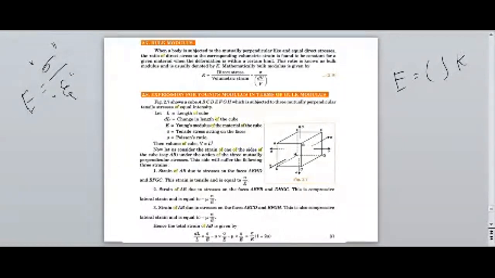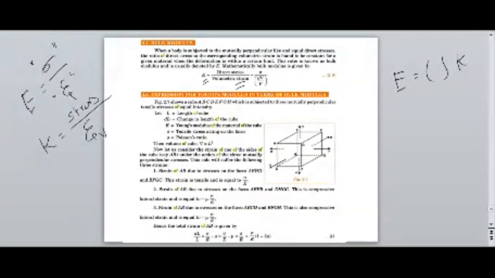So next, what is a bulk modulus? Bulk modulus is also a ratio, the ratio of stress by volumetric strain.